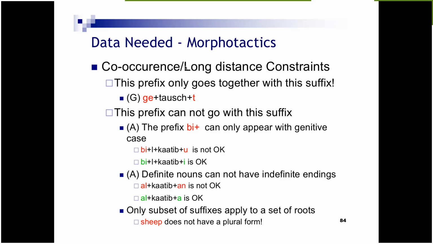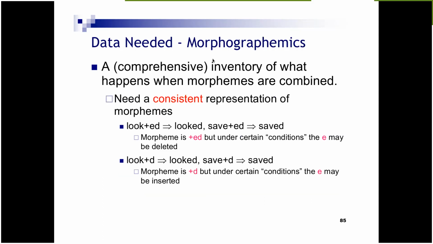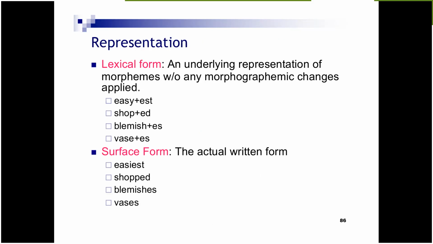That is what is expressed by the morphotactics. And then the morphographemics is the changes that happen when you have the morphological structure of the word and you put together the morphemes and you need to form a final string. Those are the morphographemic changes, the changes to the output strings that you get.